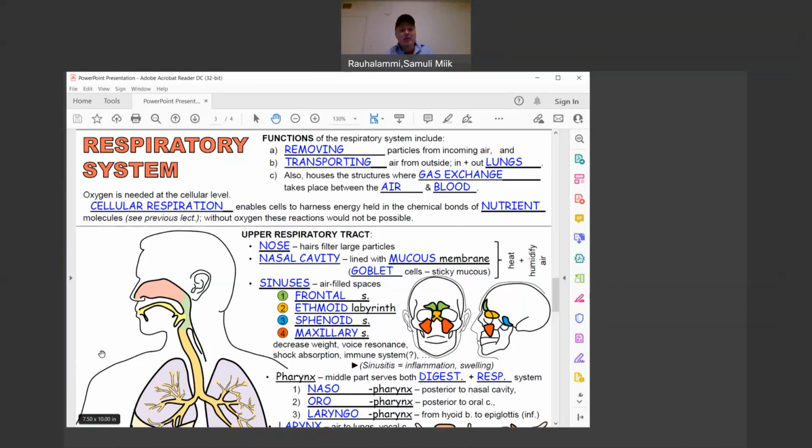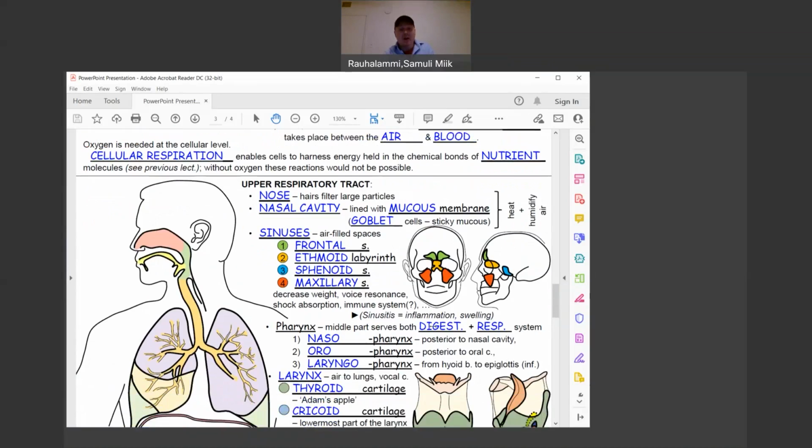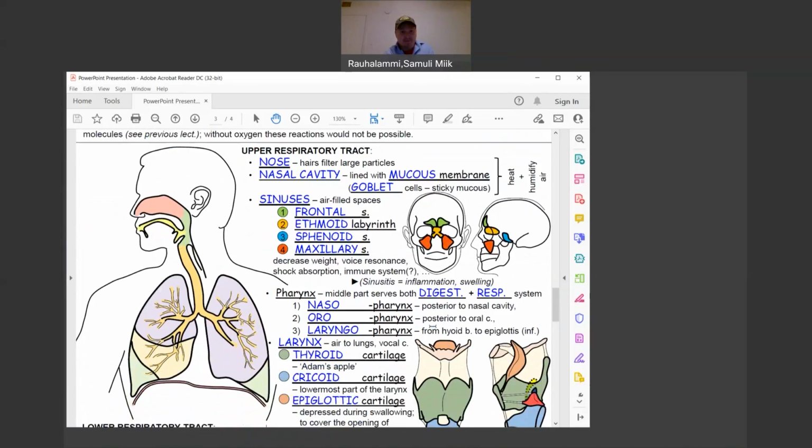Another thing that I do quite a bit is using color coding. I myself am a very visual learner, but it doesn't mean that you have to be. In case it helps you, it is there, matching names of structures with the structures that you see on the diagrams.